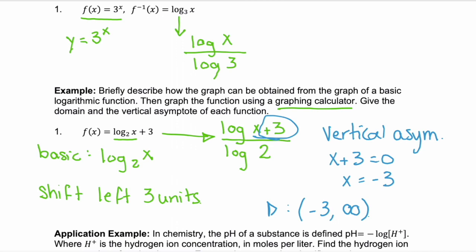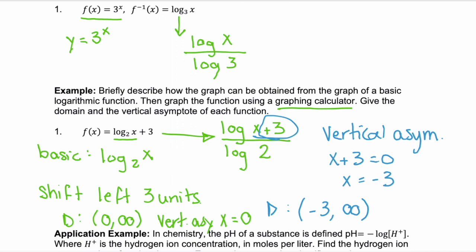Now, what is the domain of that basic function? The domain of the basic function is going to be from 0 to infinity. And the vertical asymptote, that would be x equals 0.